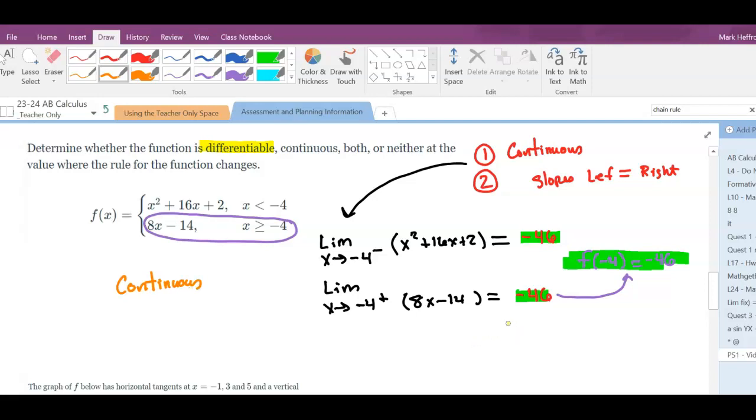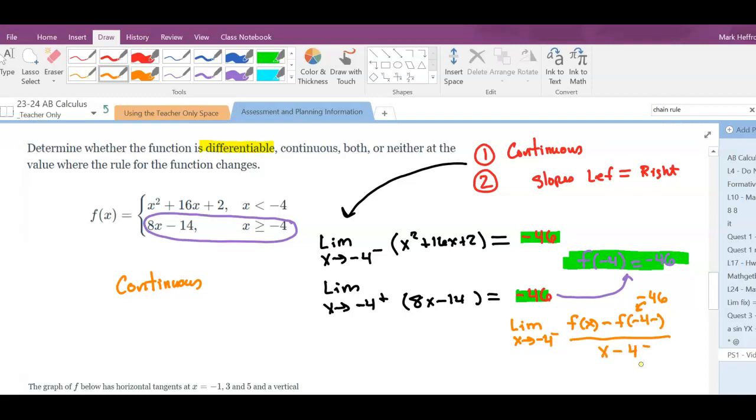Now, we're going to find the derivative from the left, and that's the limit as x approaches -4 minus of my f of x minus my f of -4. Well, that turned out to be -46, so if I wanted to replace that with a number, I could. All over x minus -4.